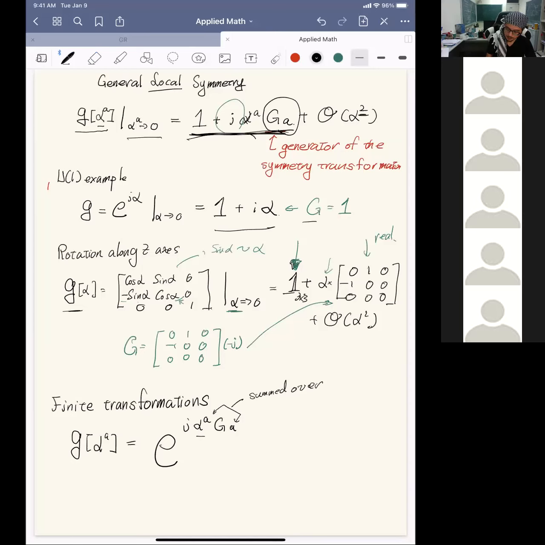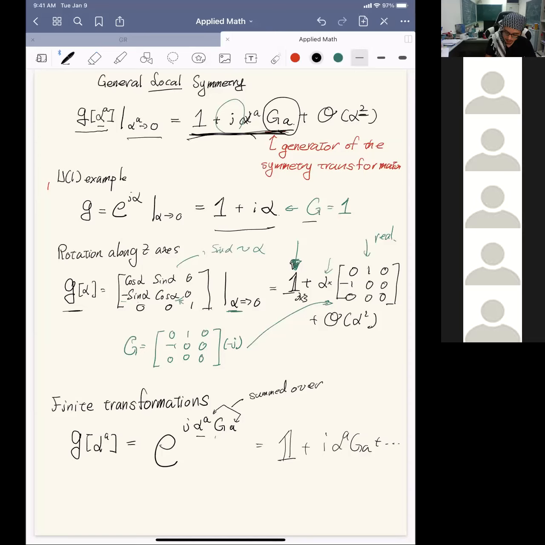Okay. Once again, if G is a matrix, then this is a matrix formula, and you can define this as basically just the identity plus i alpha A GA plus the higher order terms, if this was a matrix. Now, as has been mentioned in the applied math class, where we're actually talking about these kinds of transformations now, this is a very nice time if you're taking both classes.